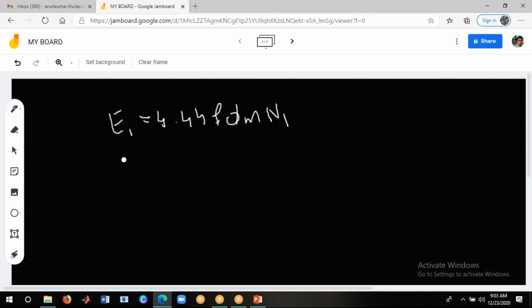This is the EMF equation that represents the primary winding. Here f is the frequency, phi m is the maximum flux and N1 is the number of turns. The same equation we can represent as 4.44 f, and instead of phi m we can write Bm into A, that is maximum flux density into area.